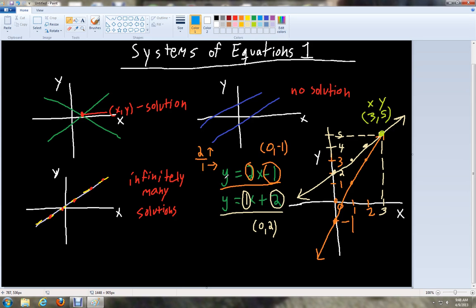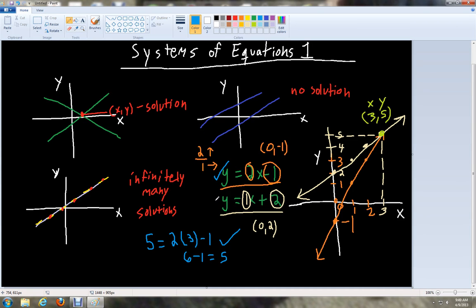The first equation, y equals 2x minus 1: we have 5 equals 2 times 3 minus 1. 2 times 3 is 6, minus 1 equals 5. So 5 equals 5, which is true. The first equation checks out.